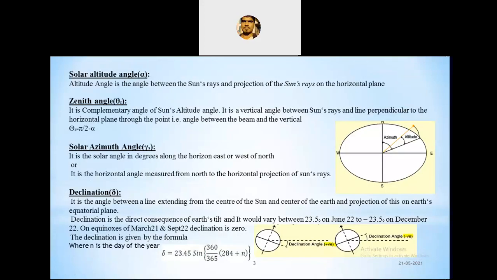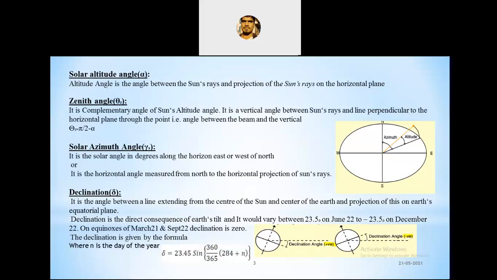Next, we will discuss them one by one. The first definition is the solar altitude angle. It is also called solar altitude or altitude angle. Both are the same: solar altitude angle, or simply altitude angle, alpha. Altitude angle is a vertical angle.